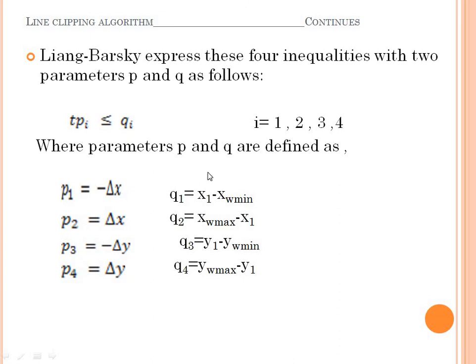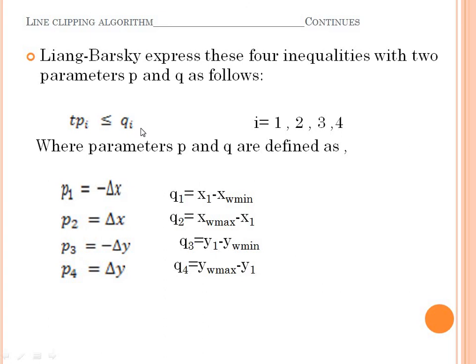Here we only take the inequalities, that is t into Pi is less than or equal to Qi, where i is equal to 1, 2, 3, 4. P1, P2, P3, P4, all 4 inequalities are of the form t Pi less than or equal to Qi.